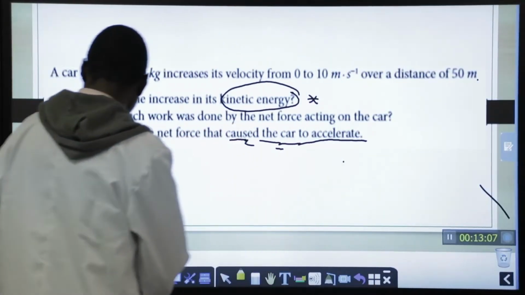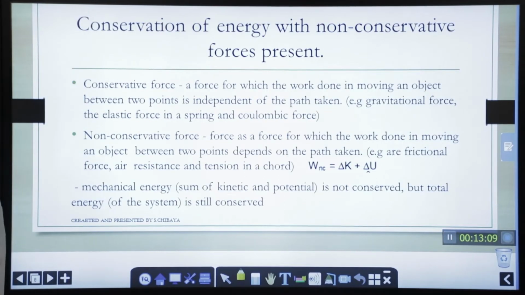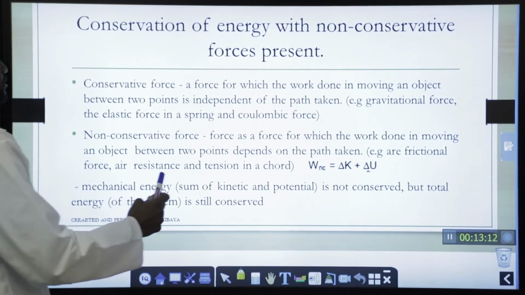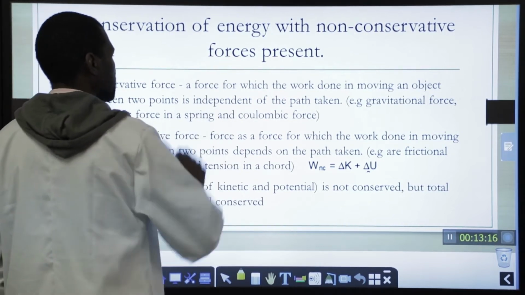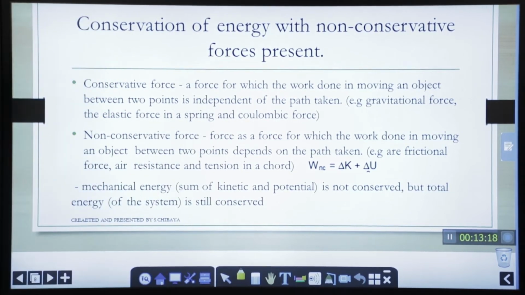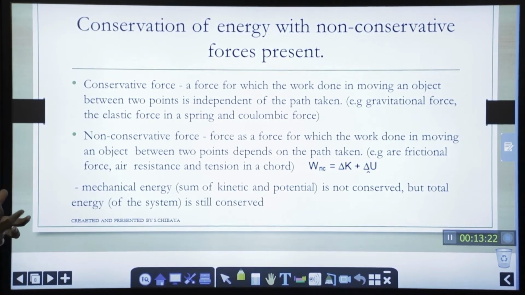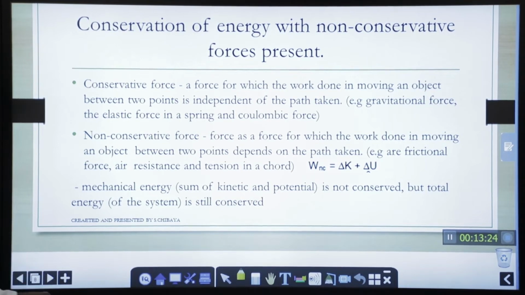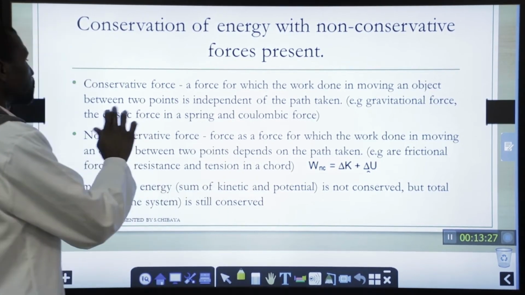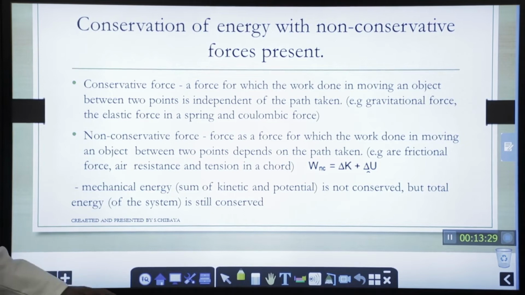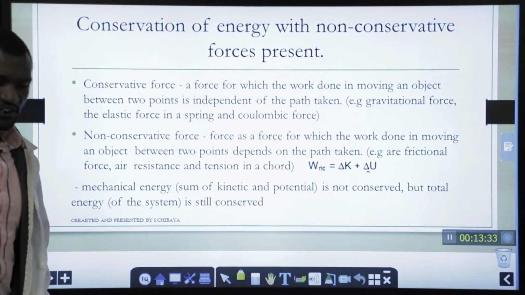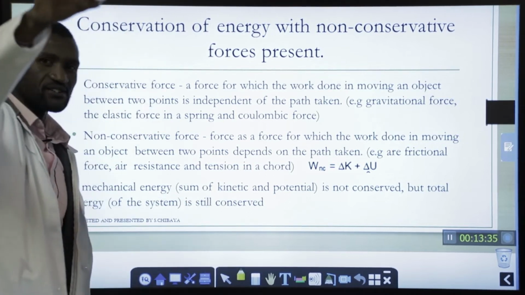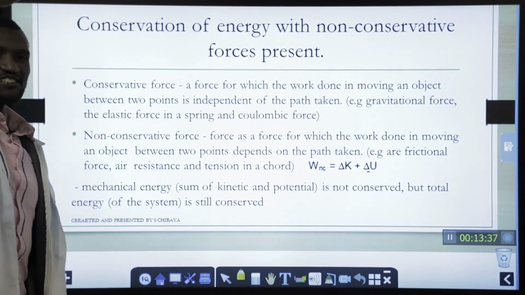Let us move on quickly and look at conservation of energy with non-conservative forces present. So what is a conservative force? A conservative force is a force for which the work done in moving an object between 2 points is independent of the path taken. Like, for example, when we talk about gravitational force.